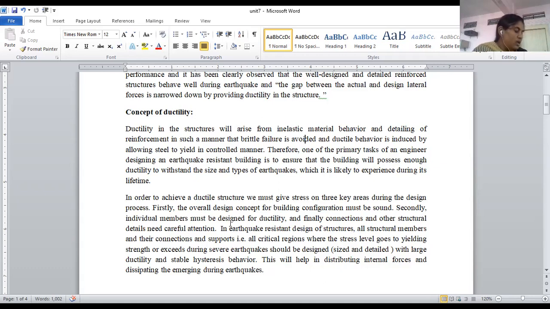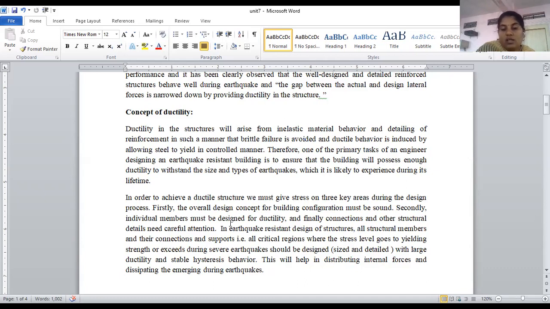Means if we go towards ductile behavior by reducing the brittle nature, then automatically we can minimize the damages which will be produced in the building because of the earthquake loading. So that is the concept of ductility.